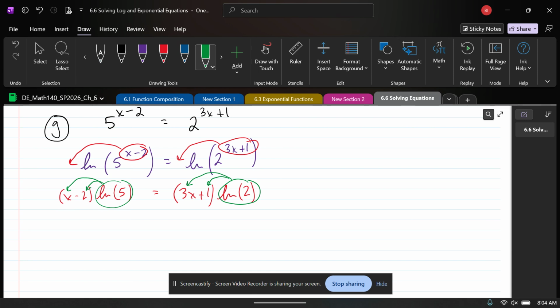Natural log of 2 is a number, so on that right side we're just distributing a number. So that's going to be x natural log of 5 minus 2 natural log of 5. On the other side, we got 3x natural log of 2 plus 1 natural log of 2.